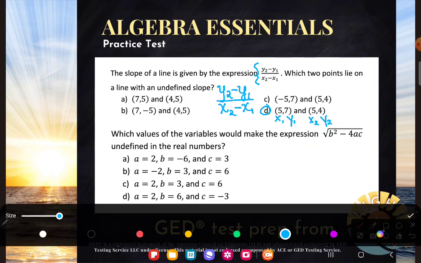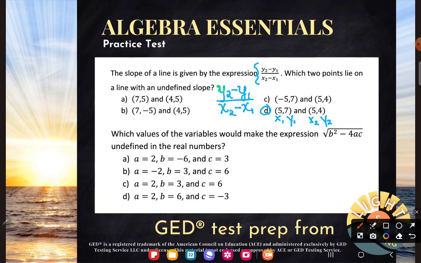We're supposed to start with the second y. See it? Y2. So the second point's y is 4, so I'll plug in 4 on the top. And from that, I'm supposed to subtract the first y. The first y was a 7. I'll put 7 on the top. 4 minus 7. And then that whole thing is going to be divided by the second x.